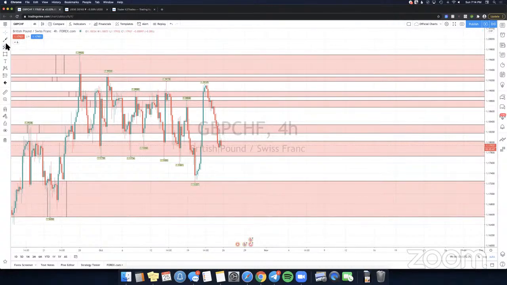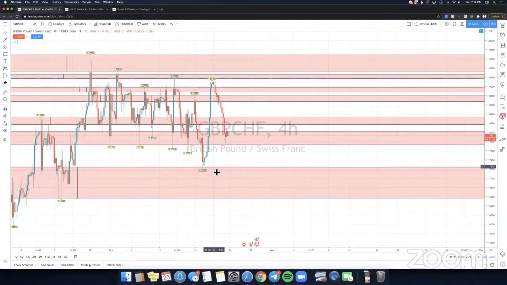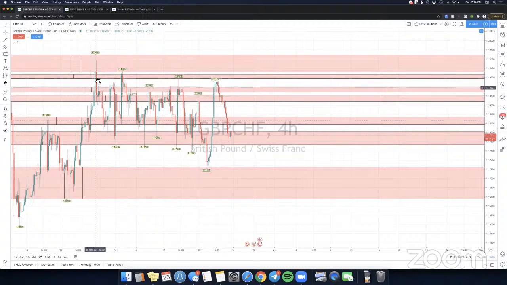So basically if price breaks this zone right here, then we can probably anticipate this to continue down further and retest this zone before either breaking below further or rejecting back upwards. Odds are it's probably going to reject back upwards because it's been in this zone for some time now. It's been in the zone since September 25th. So it's been in this zone for nearly a month now.